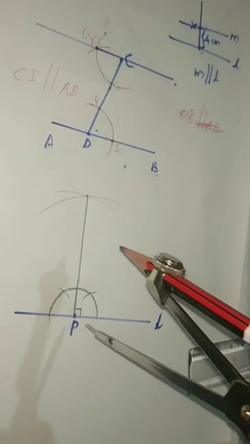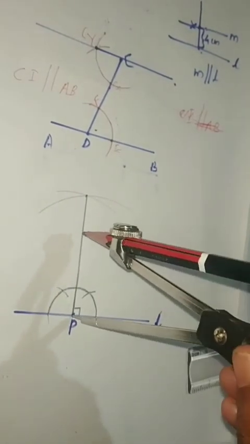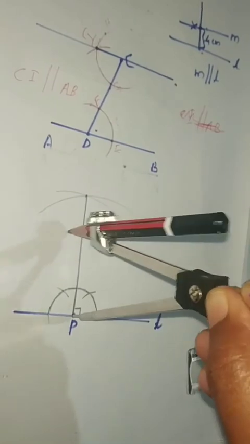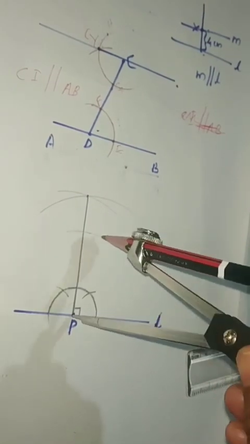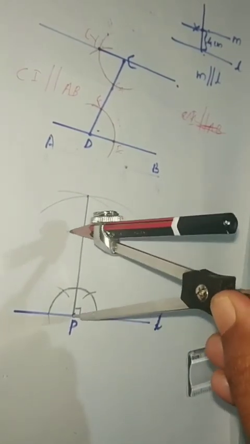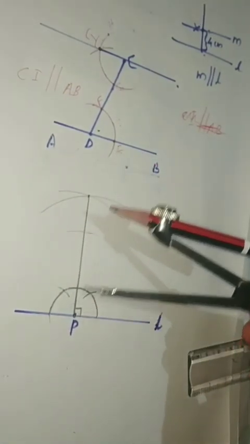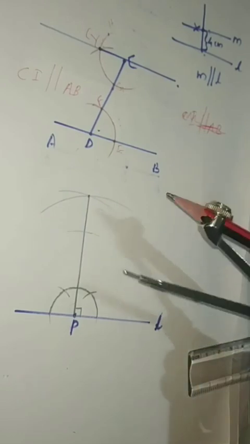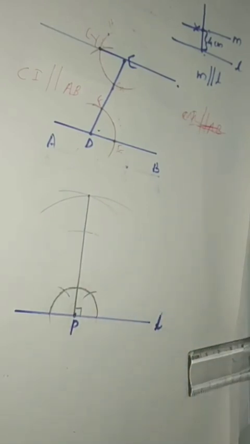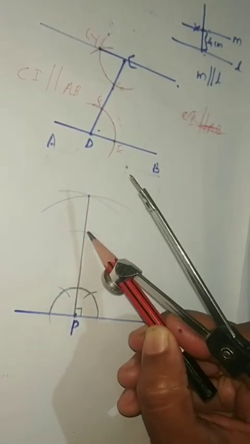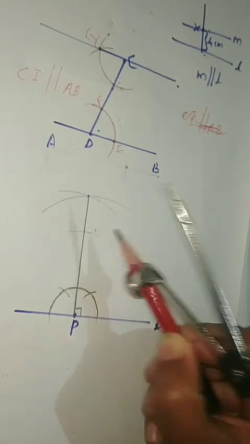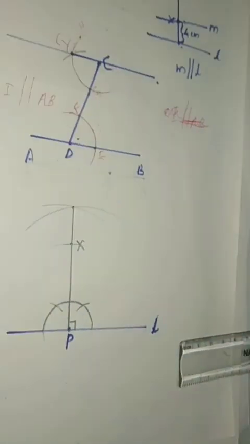Next, keep the compass point on P. Then mark it here. Draw a small arc. The distance from this small arc to P will be 4 centimeter. Now the name of this joining point will be X, that is given in the question.